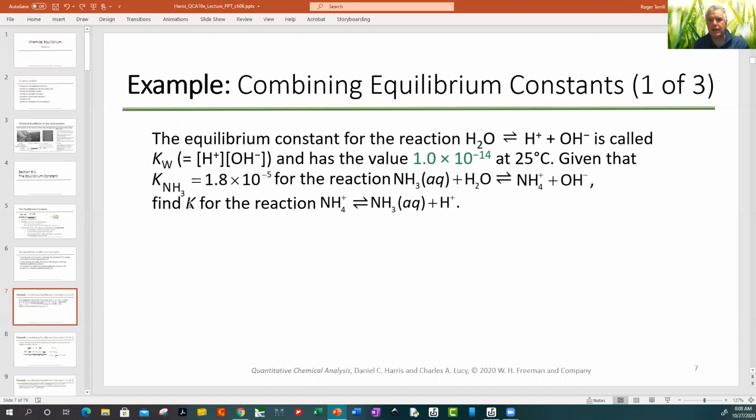So we want to find the K for the reaction NH4+ makes NH3 plus acid. So that is an example of how to combine equilibrium balances, right?